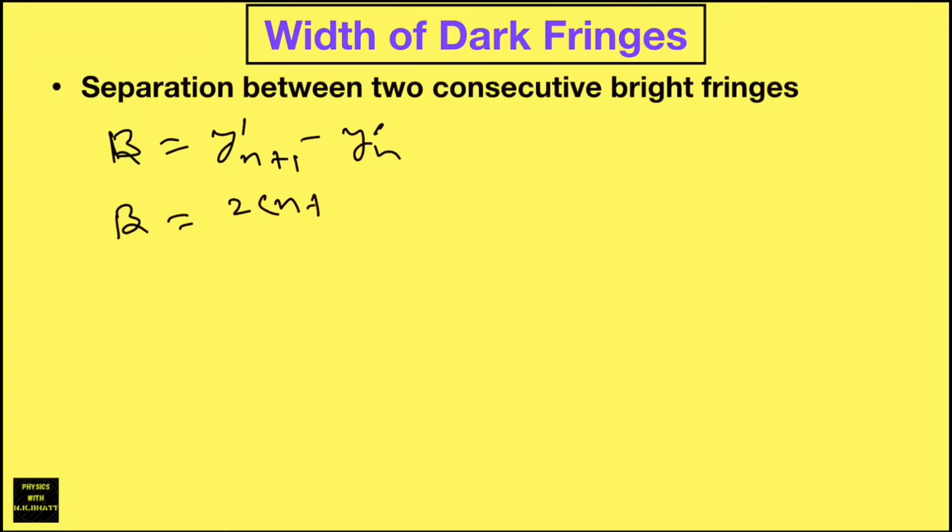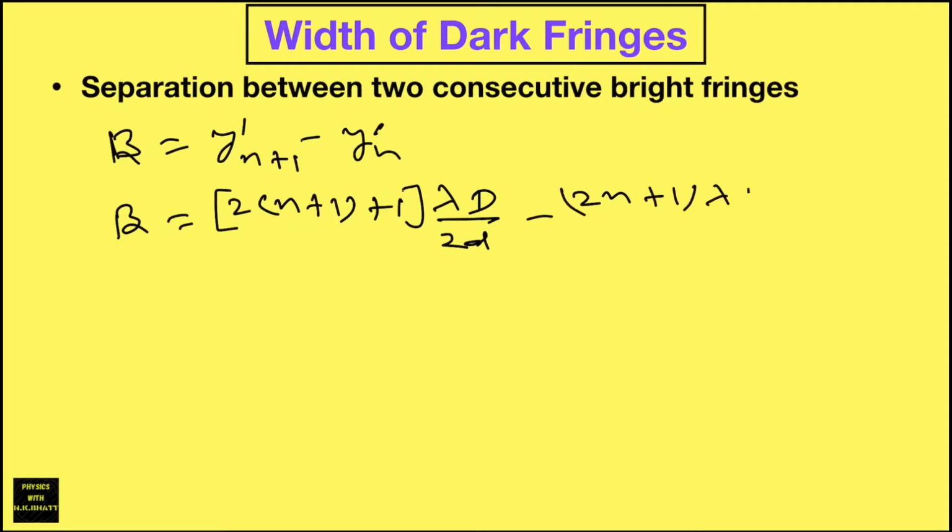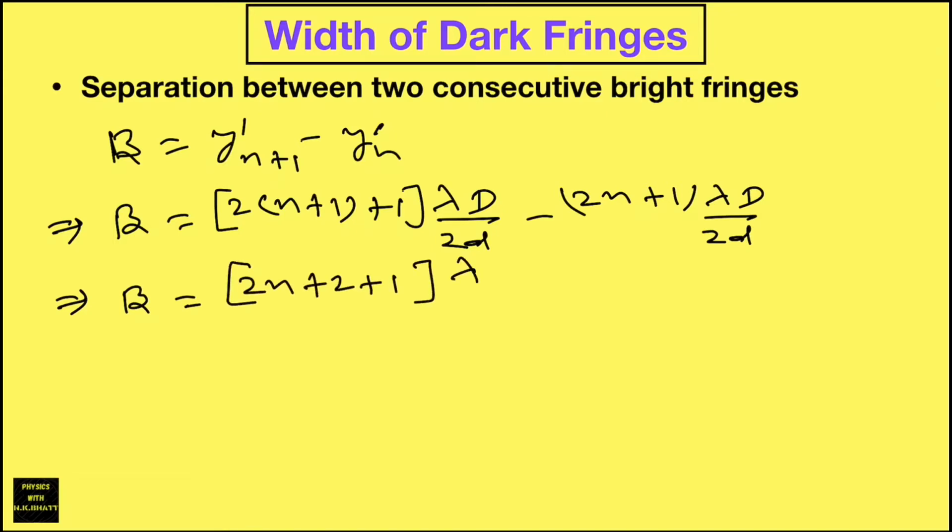So, beta is equal to (2(n+1)+1) lambda D upon 2d minus (2n+1) lambda D upon 2d. If you open the bracket, then beta is equal to (2n+2+1) lambda D upon 2d minus (2n+1) lambda D upon 2d as it is.